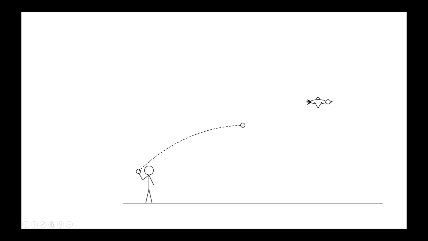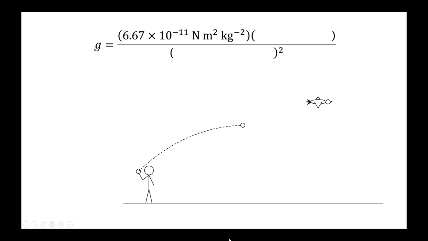Well, not exactly. Here's the equation again. We plug in the value of the universal gravitational constant. Right here we put the mass of the Earth, and here we put the radius of the Earth. All of these objects have the same value of g. And the reason is because if you add 2 meters for your height, or if you add 5 meters for the bird's height, then those extra distances aren't going to affect the answer.